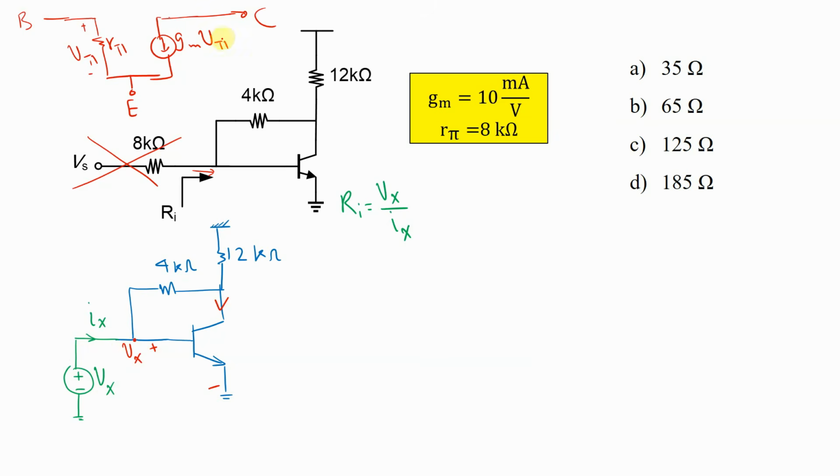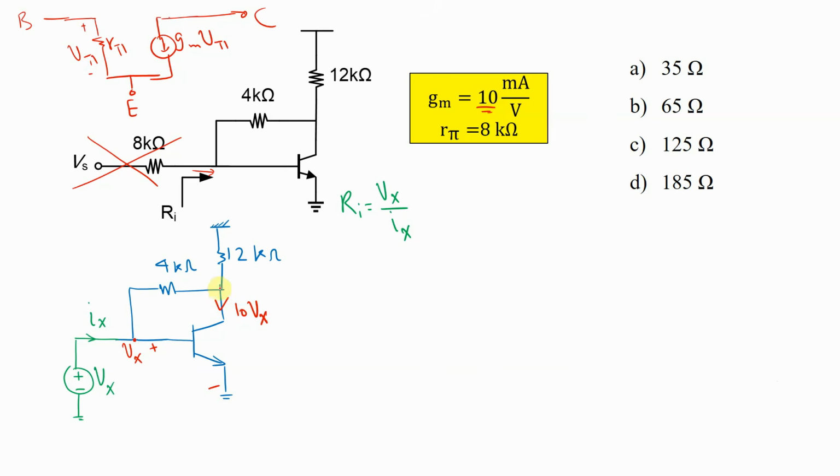This current is gm V pi, and V pi is Vx, so this is gm Vx, and gm is already given as 10. So this is 10 Vx.